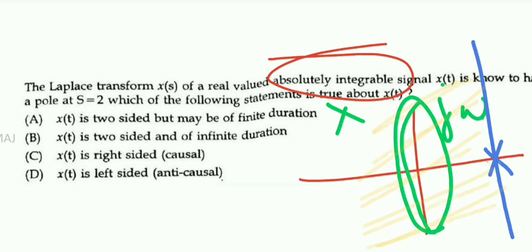That means it should be a left-sided signal. What about infinite duration? That is also not possible. So option D is the right answer. It should be a left-sided signal. Clear? That's all about this session. If you have any doubt, please ask me in the comment section. I will clarify all your doubts. Thank you.